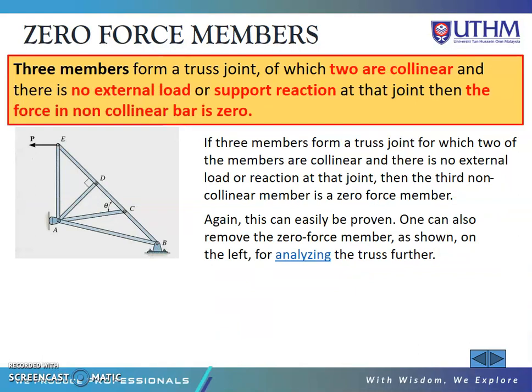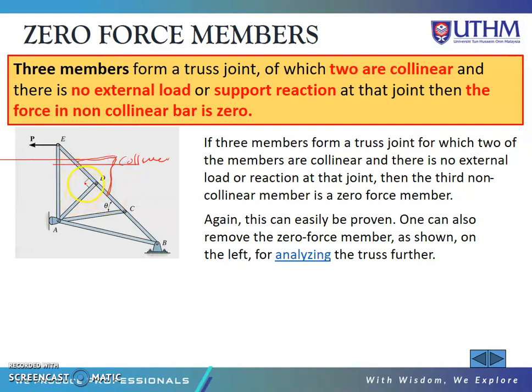Next is the second condition, which is when there are three members. Bila mana ada three members form a truss joint, of which two are collinear, and there is no external load and support at the joint, the force in the non-collinear bar is 0. Collinear ni maksudnya selari. Maksudnya dia kata dua member are collinear, so this and this are collinear.